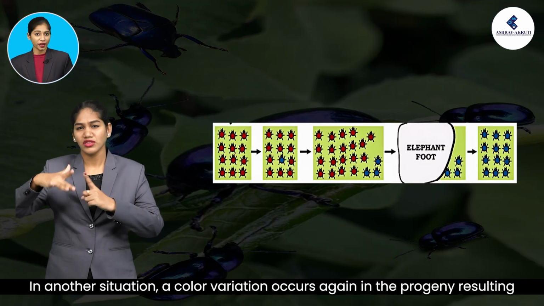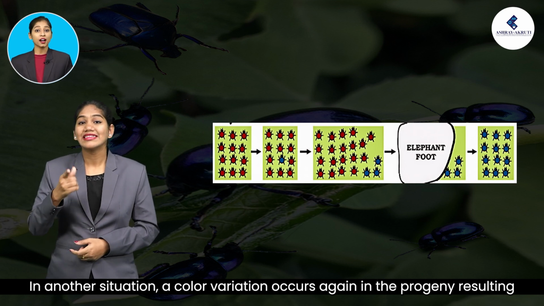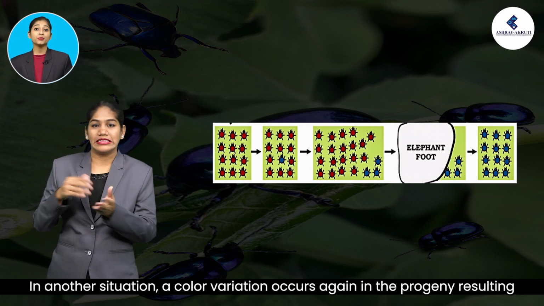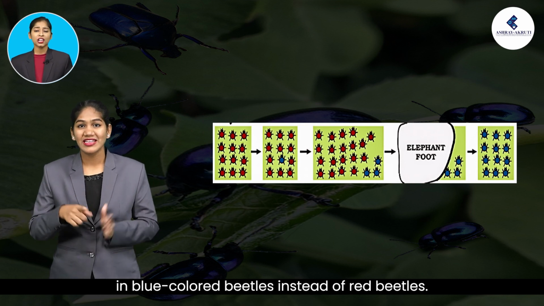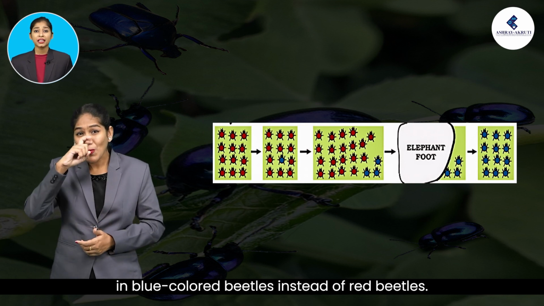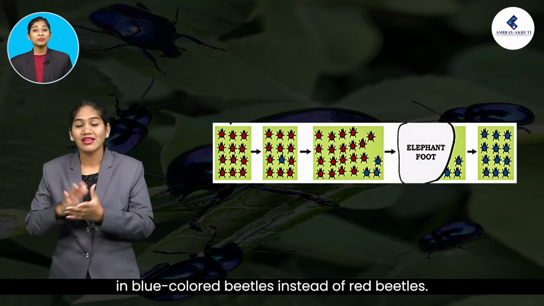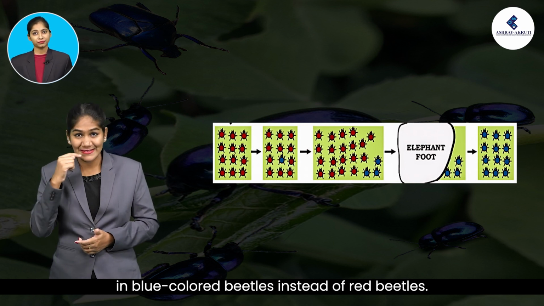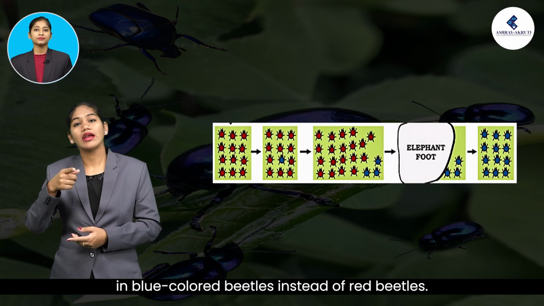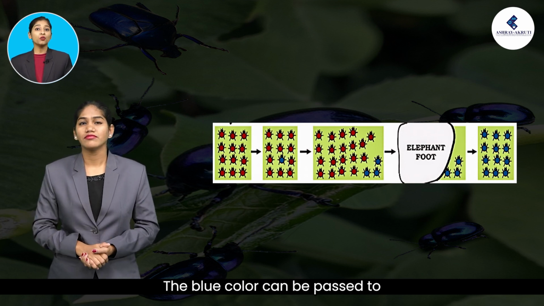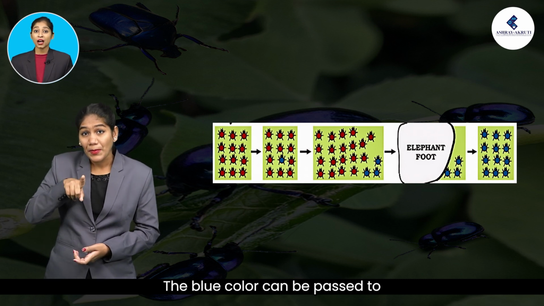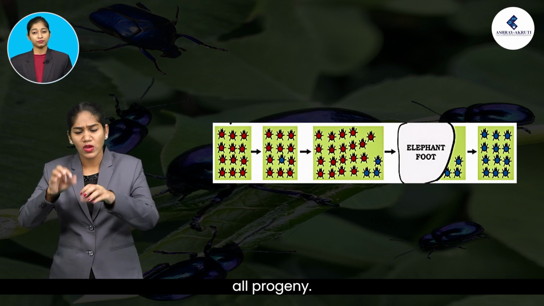In another situation, a color variation occurs again in the progeny, resulting in blue-colored beetles instead of red beetles. The blue color can be passed to all progeny.